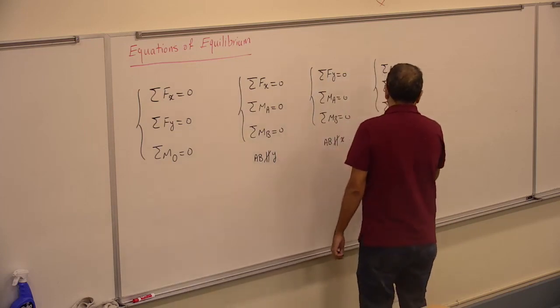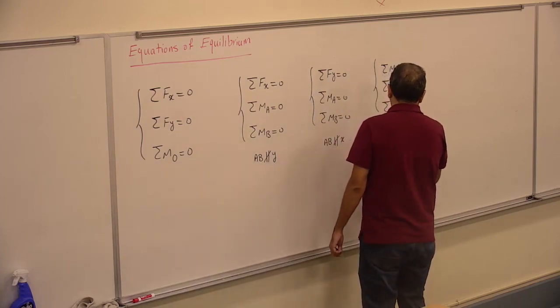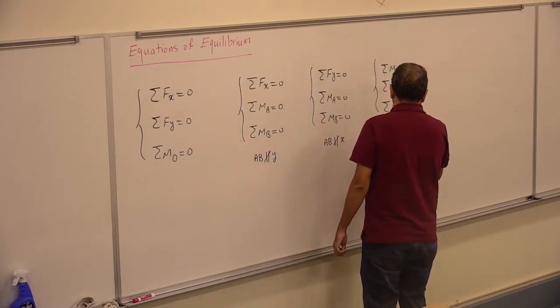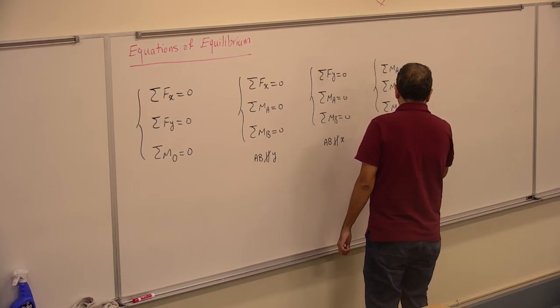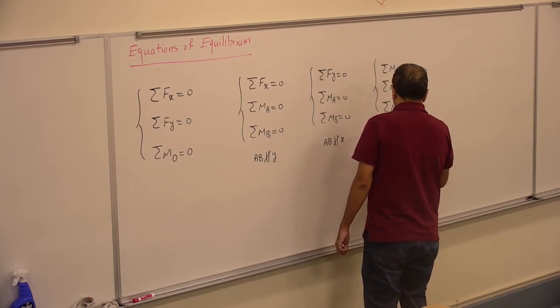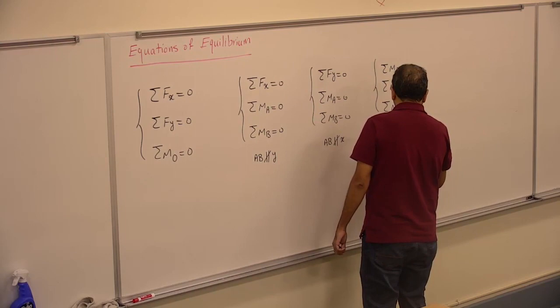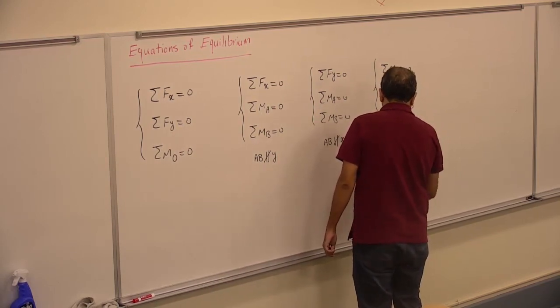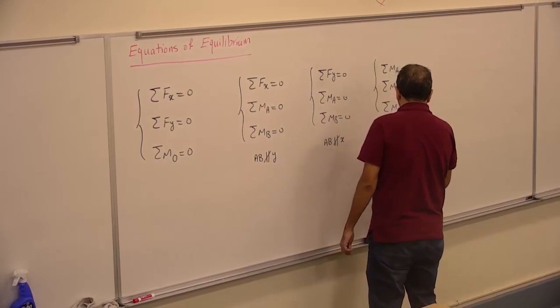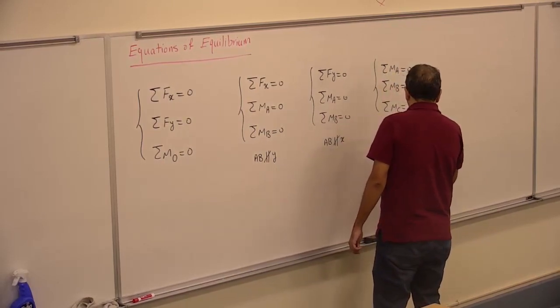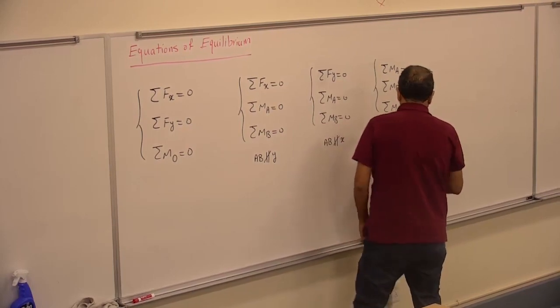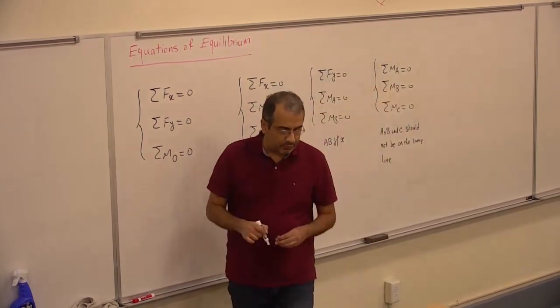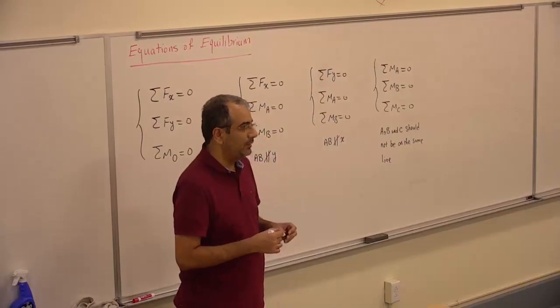A, B, and C should not be on the same line. So I should not be able to pass a line through A, B, and C.